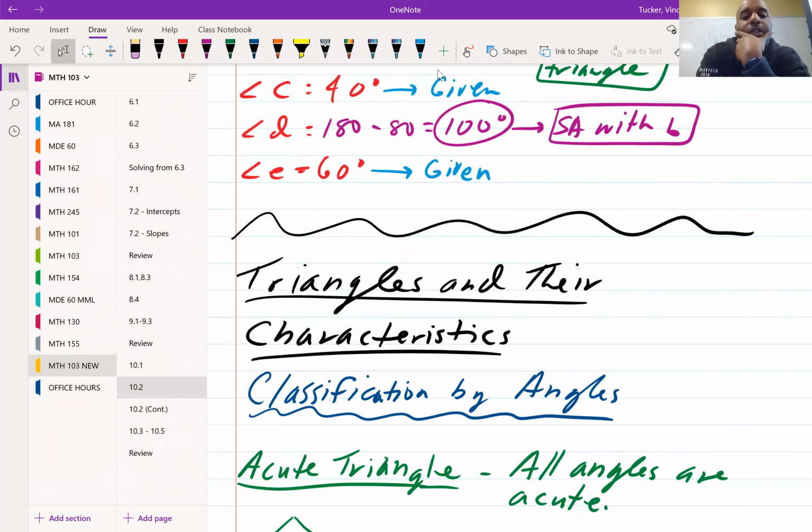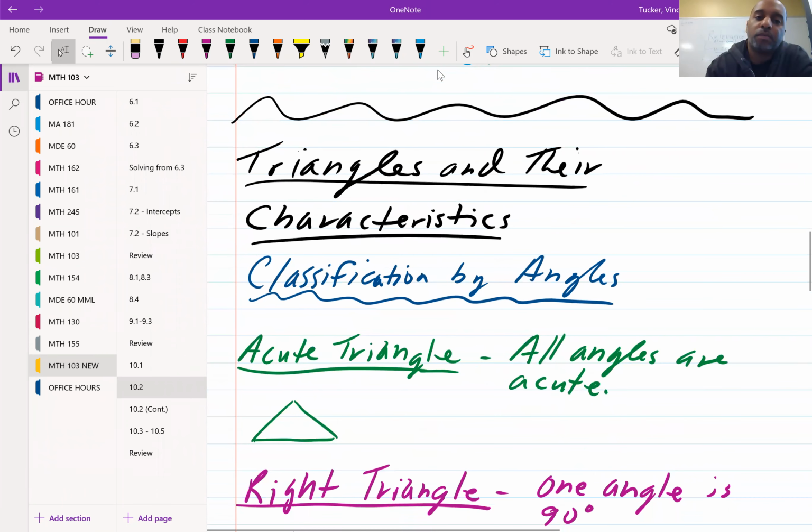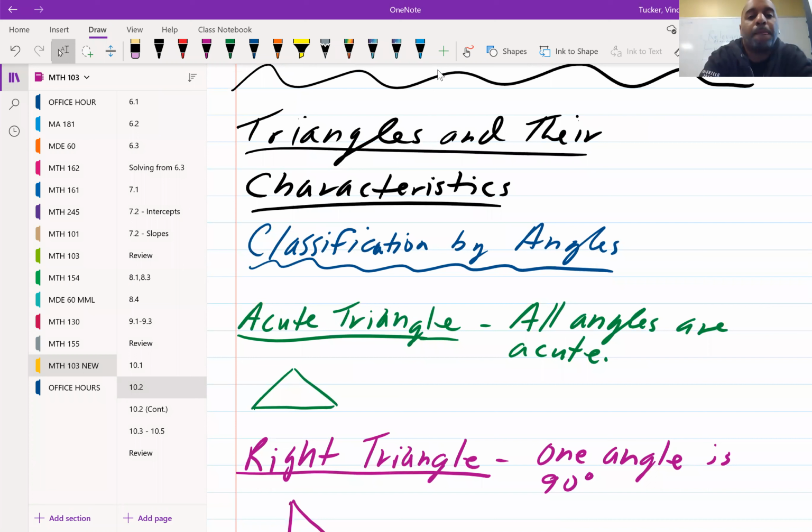All right, next thing, we're looking at triangles and their characteristics. So first classification is by angles. And we talked about angles last class, being acute, right, obtuse, and so on. So an acute triangle has all angles inside the triangle acute.